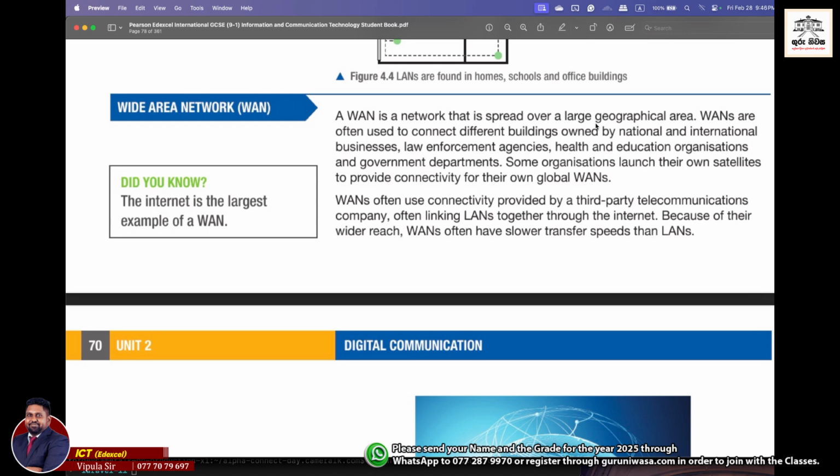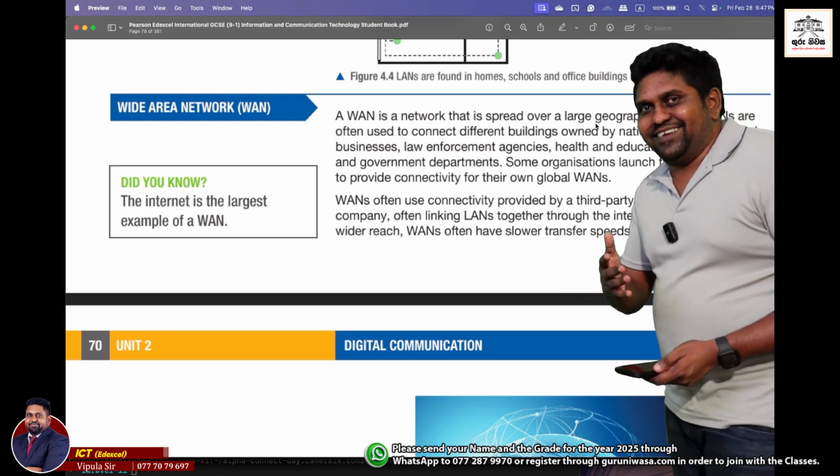WANs offer different connectivity features, and a WAN also works in a similar way to a LAN, but it is used to connect two different locations or two different networks over a long distance.